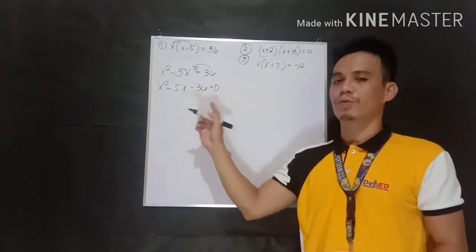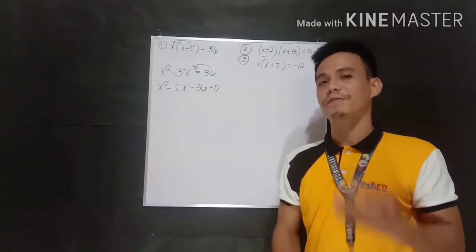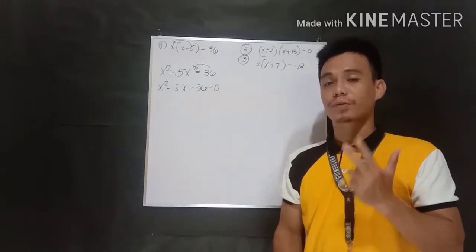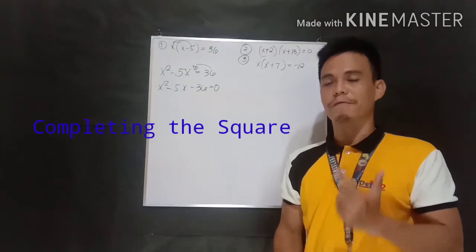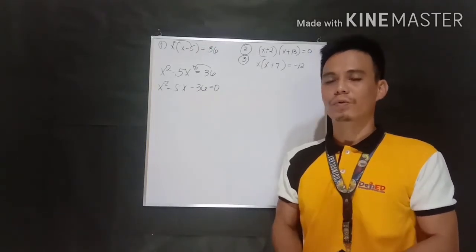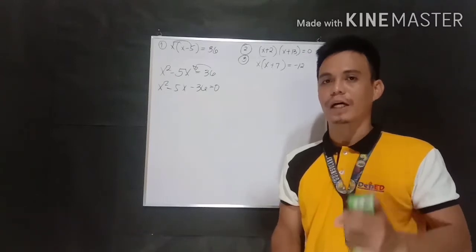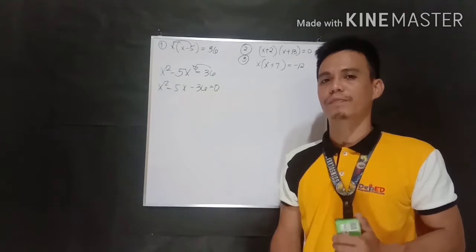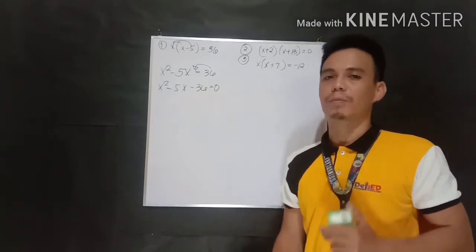So, in solving quadratic equations, we have 4 processes: extracting the square roots, completing the square, by factoring, or by using the quadratic formula. So, kung saan po tayo mas nadadalian doon tayo para mas mabilis. So, for the meantime, gagamitin ko po is the factoring. So, we all know about factoring.